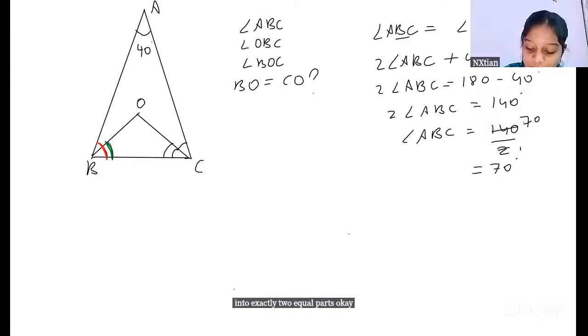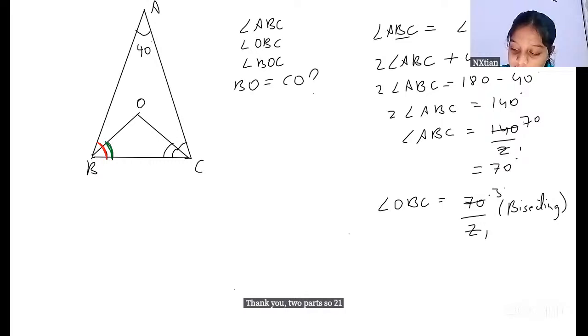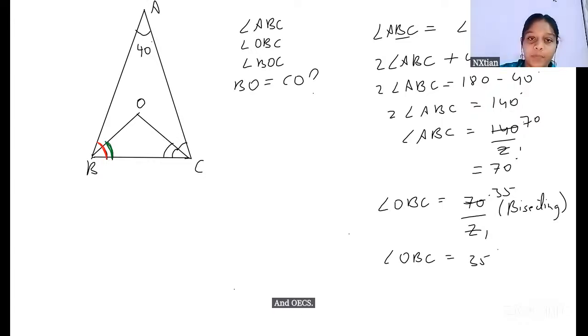So ABC is 70 degrees, so OBC will be half of 70. Angle OBC equals 70 degrees by 2, because it's bisecting into 2 parts. This is 35. Angle OBC is 35 degrees.